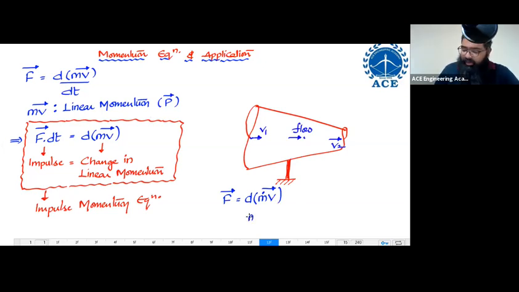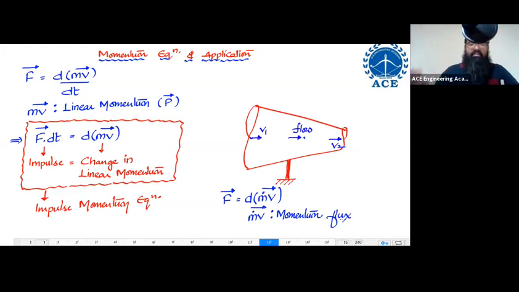This m dot into v, again a vector quantity: m was mass, m dot was mass flux. Similarly, mv is momentum, and m dot into v is known as momentum flux.